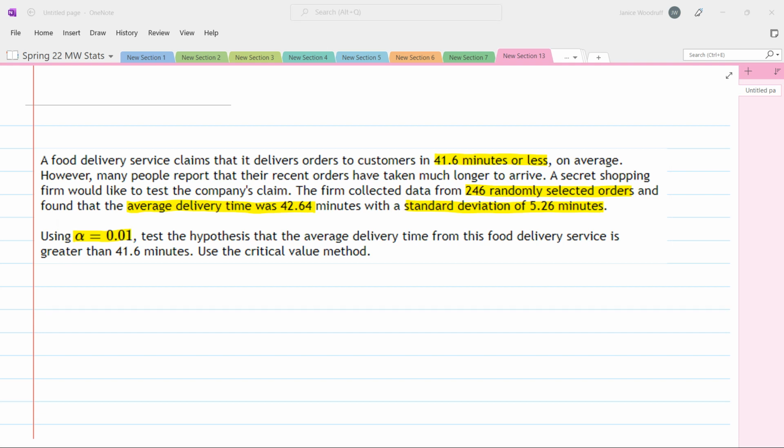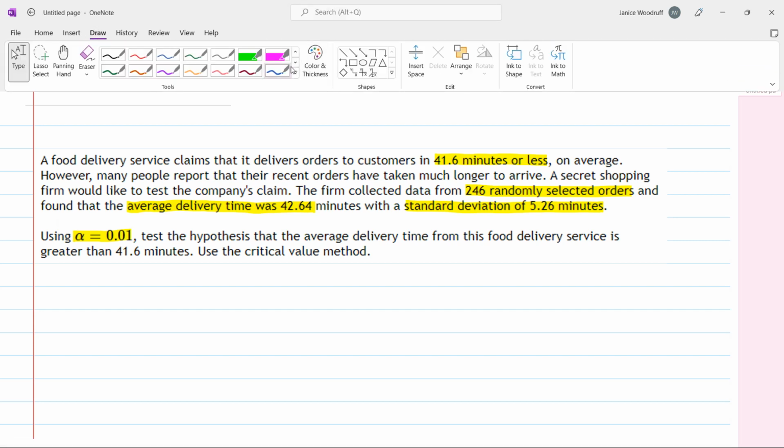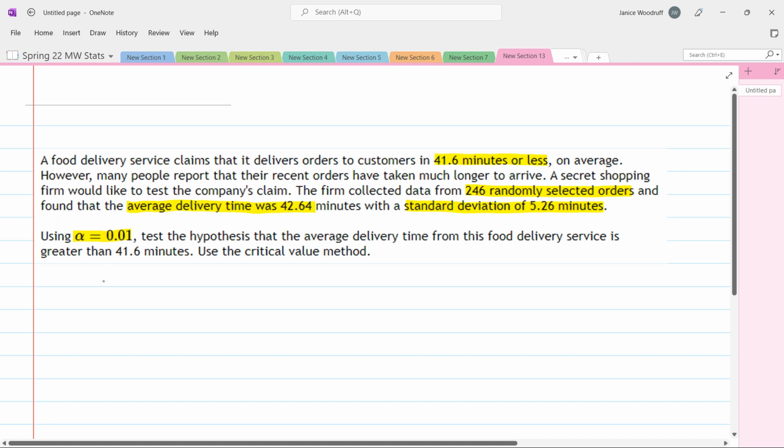Okay, so I want you guys to work this out. You're going to tell me a couple things. So I want you to tell me the null hypothesis and the alternative hypothesis. If we're going to use T or Z. And then you're going to tell me if this is two-tail, right tail, or left tail.